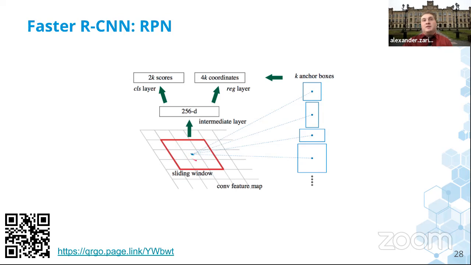We may use features from this feature cell to predict whether this sliding window contains some object or not. And then by simply sliding this window across the whole feature map, we may localize all the objects that are located on our image.